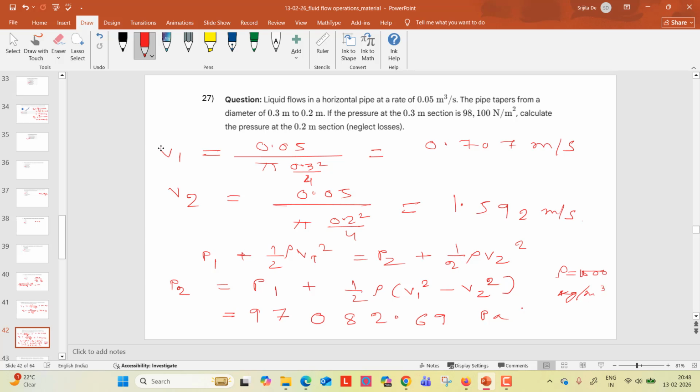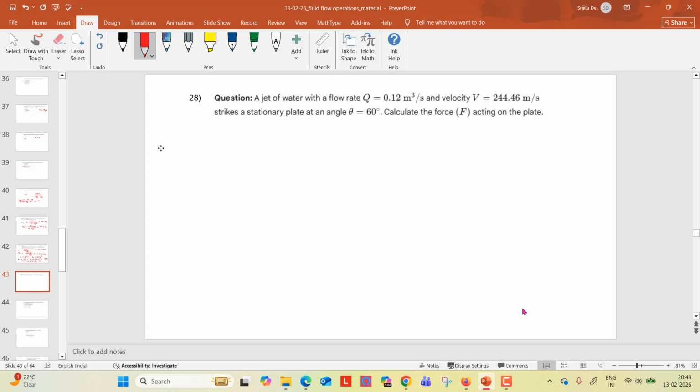Next, a jet of water with a flow rate this and velocity this strikes a stationary plate at an angle this. Calculate the force F. If you go through the text from the lecture sessions of this week, you will find that the force is rho Q V sine theta.